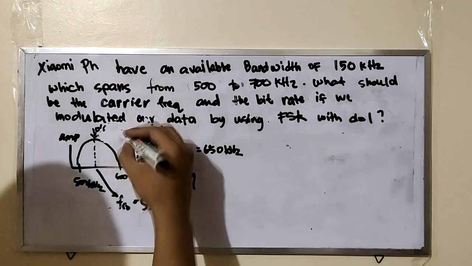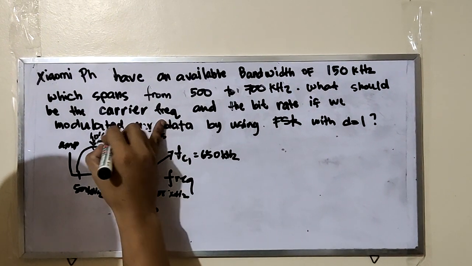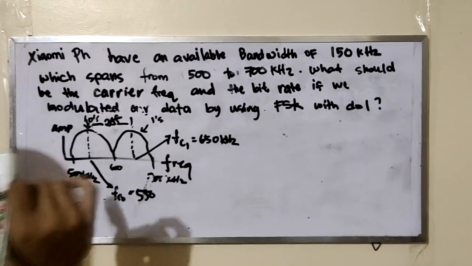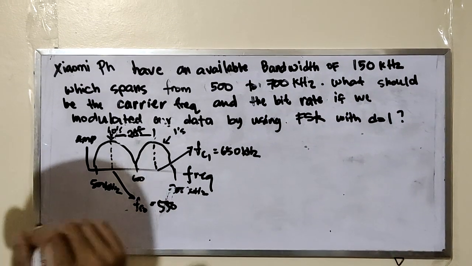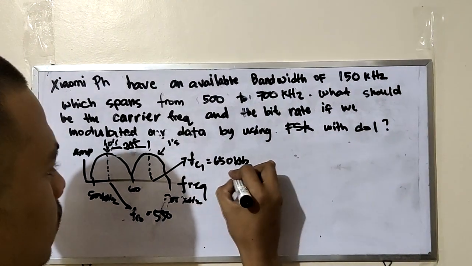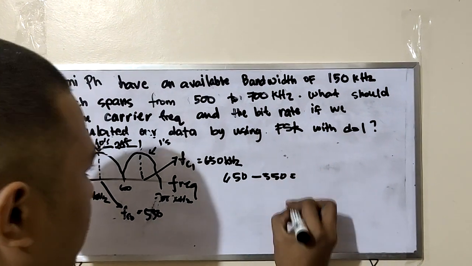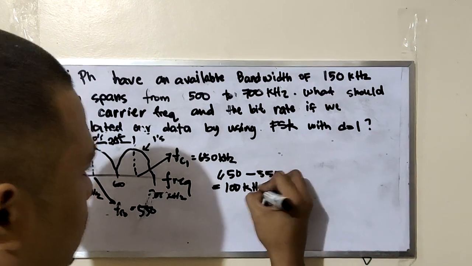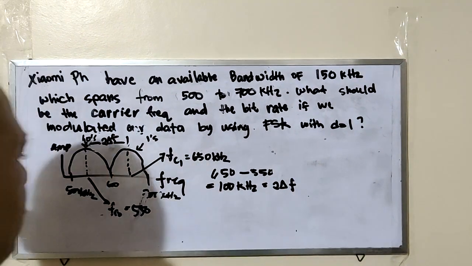And this line from this to this represents 2 delta F. So we can get this value by subtracting FC0 from FC1: 650 minus 550, we will get 100 kilohertz. This represents 2 delta F.